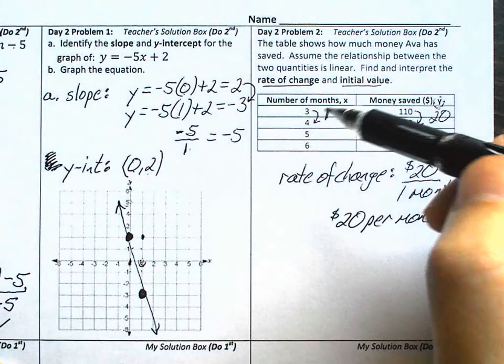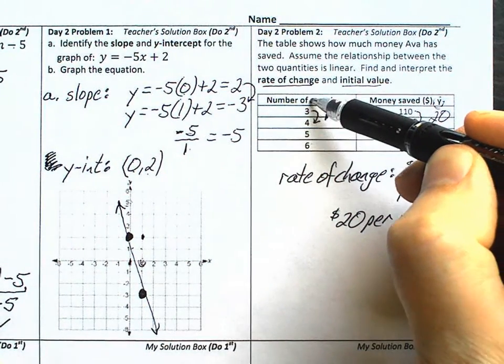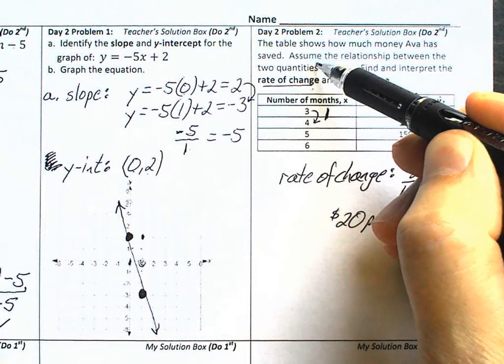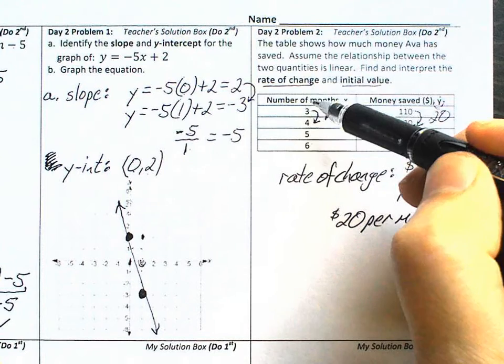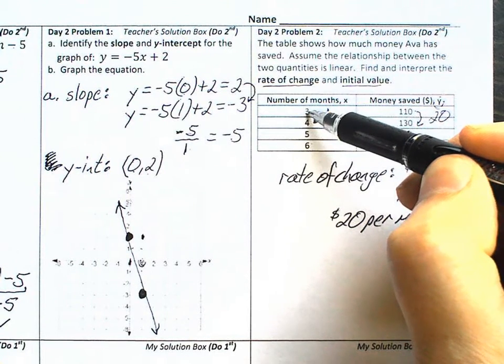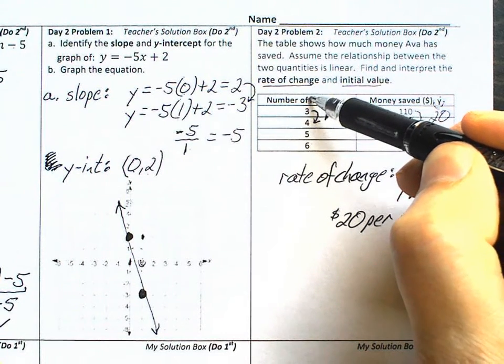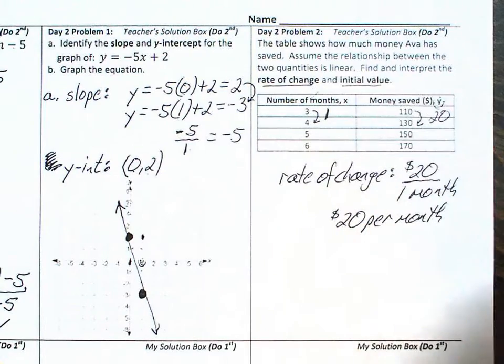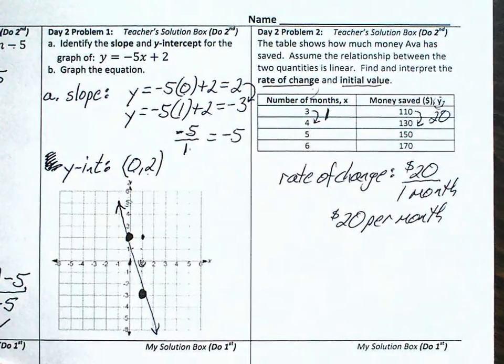But we can certainly work backwards in the table to find out how much money would she have had in the 0th month. Okay? So we want to work backwards from the 3rd month to find how much did she have after 2 months, and then how much did she have after 1 month, and then how much did she have when x was 0, when she first started saving.